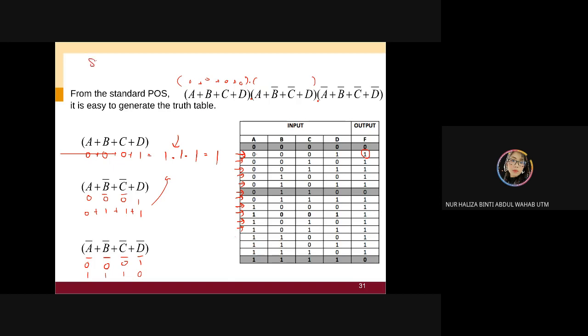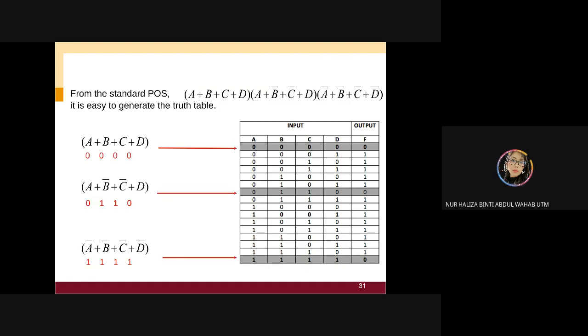But for SOP, you multiply all the inputs, and the product terms you add. That's just the difference, but when you try to apply, you can see how it works. Please try to do so.